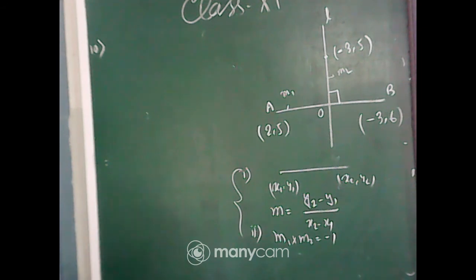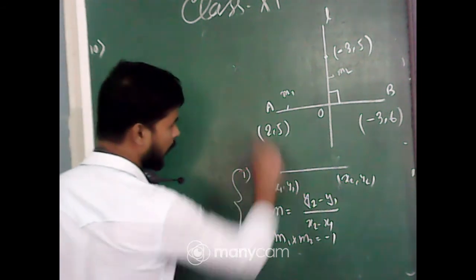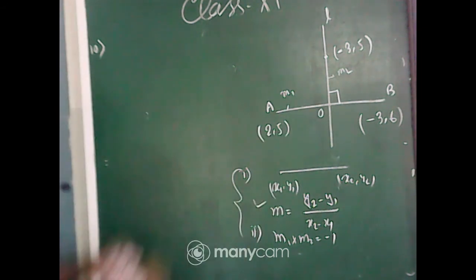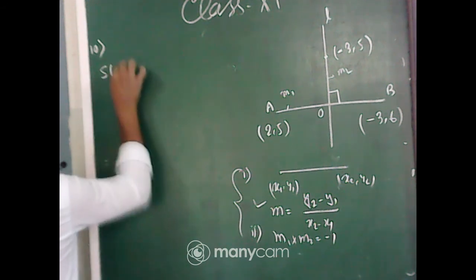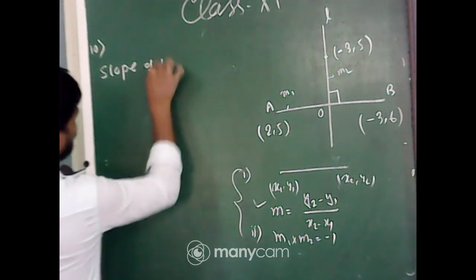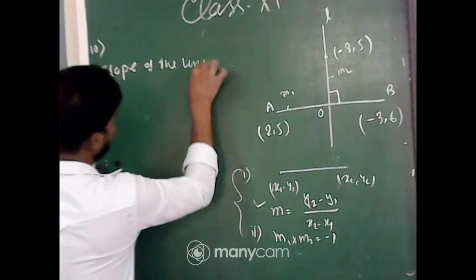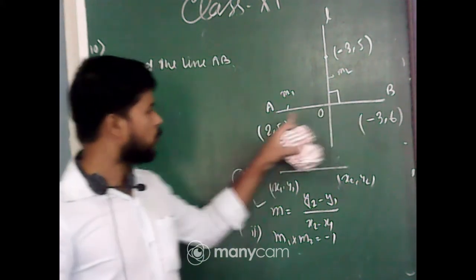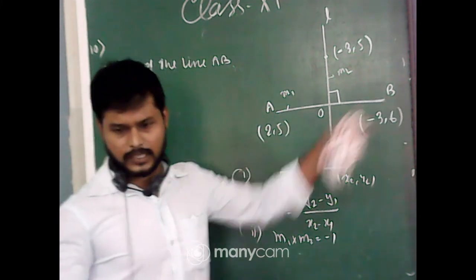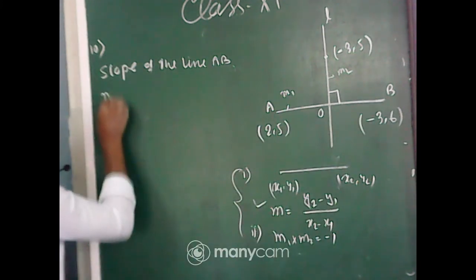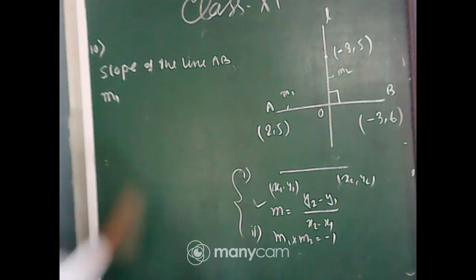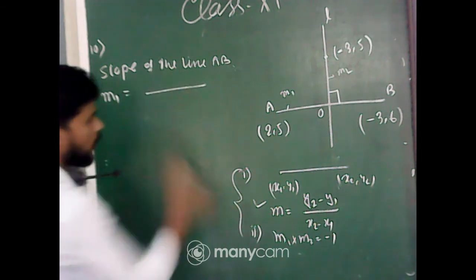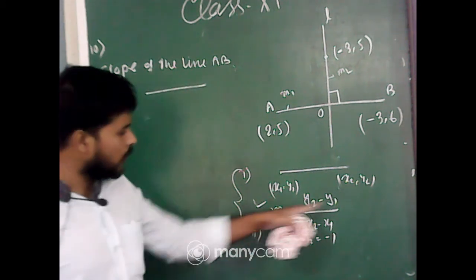Okay, so these two formulas we have to use here to find the equation of the line L. First we'll use the slope formula to find the slope of AB. The coordinates of A and B are given. Let the slope of the first line be m1, so m1 is y2 minus y1 over x2 minus x1.